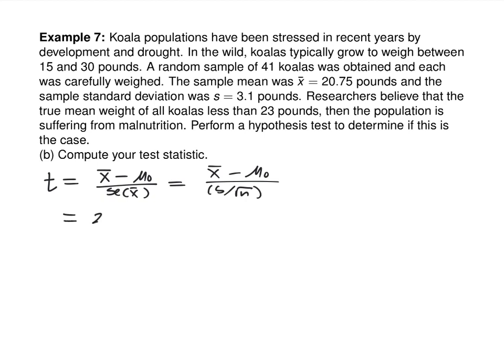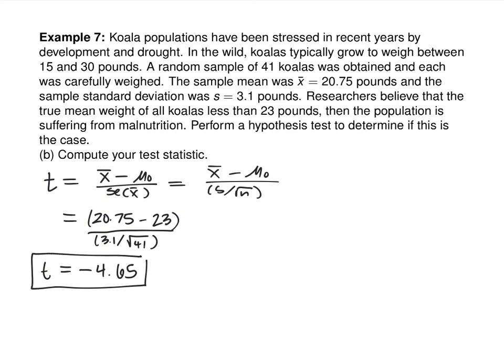So our x bar was 20.75 minus 23 over s over root n, which is 3.1 over root 41. That comes out to be about negative 4.65. So the question now is, is this value low enough relative to that to conclude that malnutrition is actually happening?